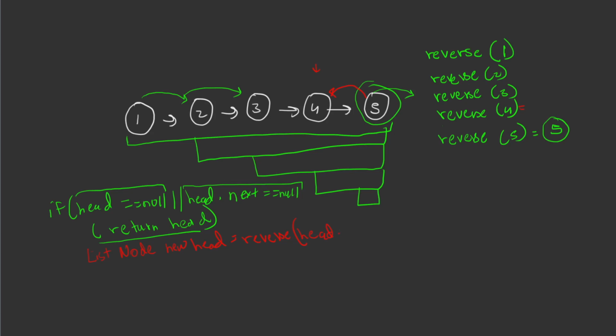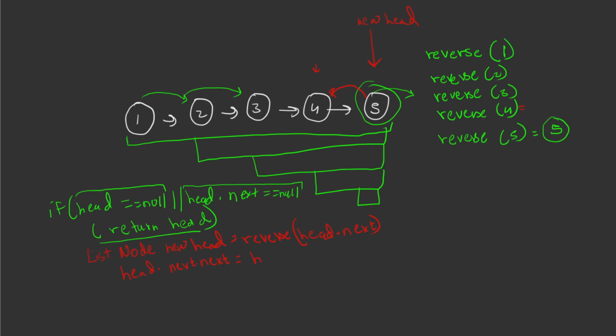Okay, so this is how all the recursive calls happen, right? And once we got to the end, our new head was equal to 5, right? So this is our new head, which is the end of the linked list. So now when we go back in the call stack, our normal head will just be 4. So head.next is equal to what?